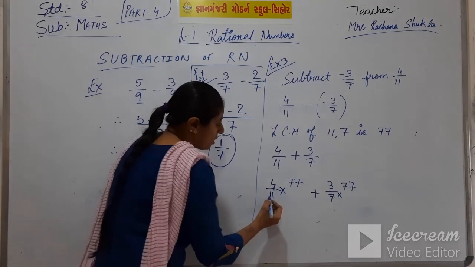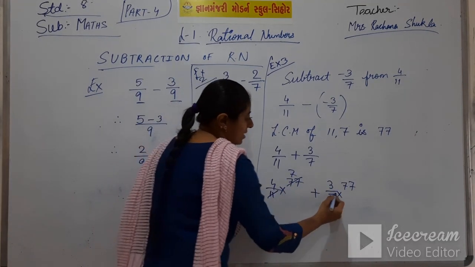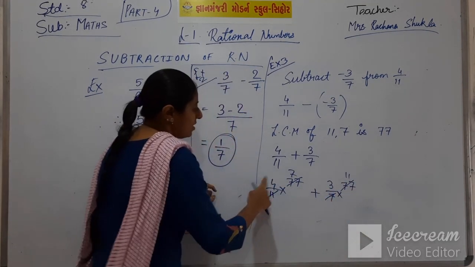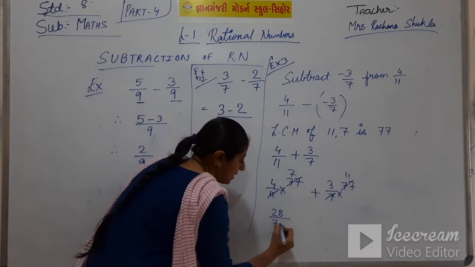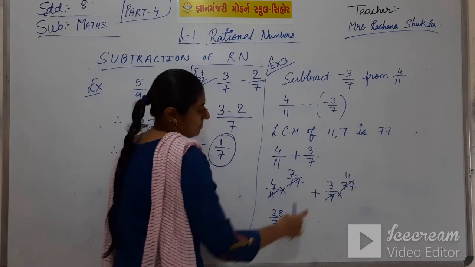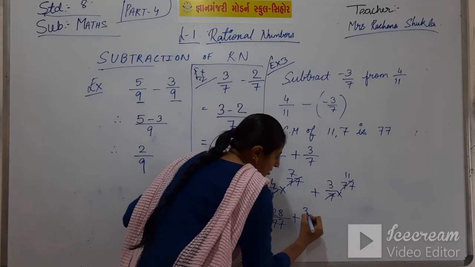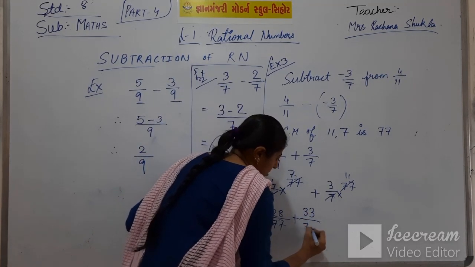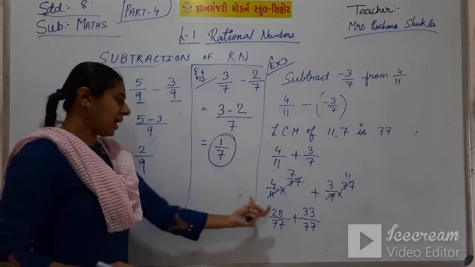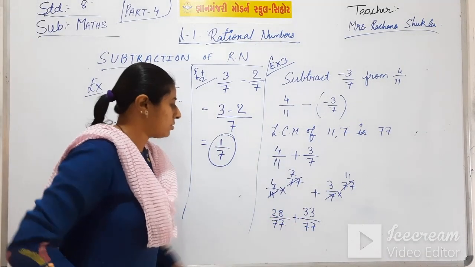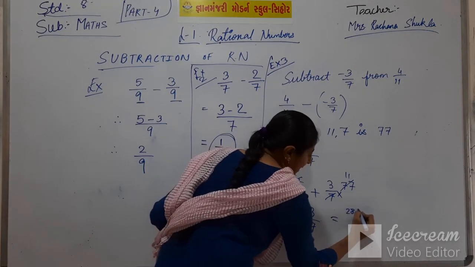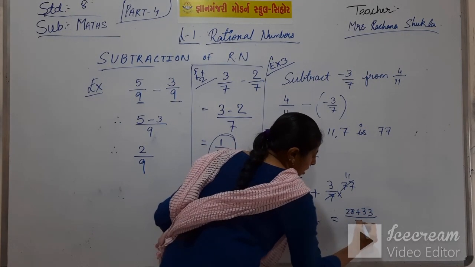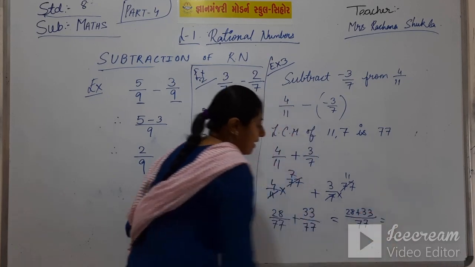So now you will do cutting. 11 7s are 77, 4 7s are 28, upon the LCM 77, plus 3 11s are 33 upon 77. Now you will add these both numbers, equal to 28 plus 33 upon 77.